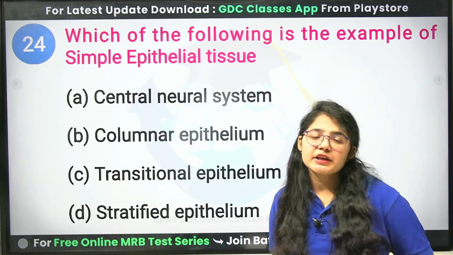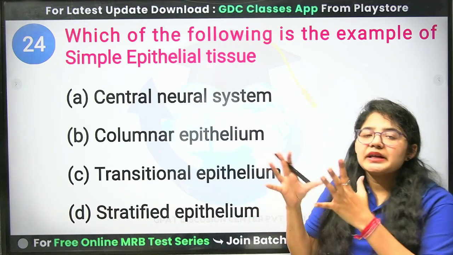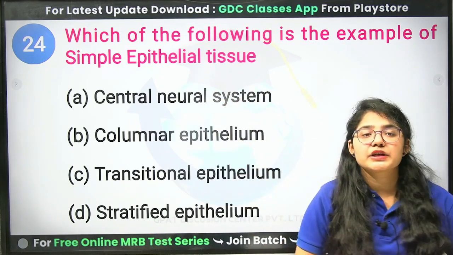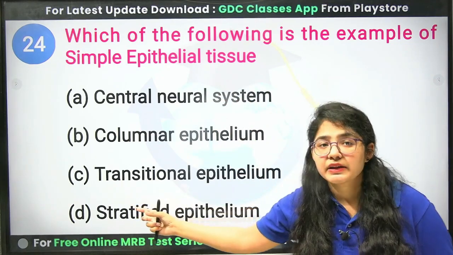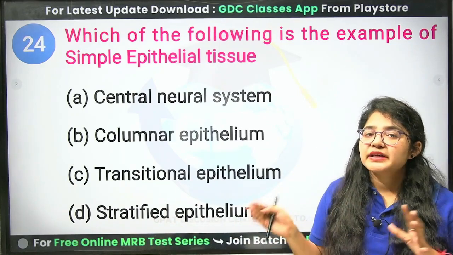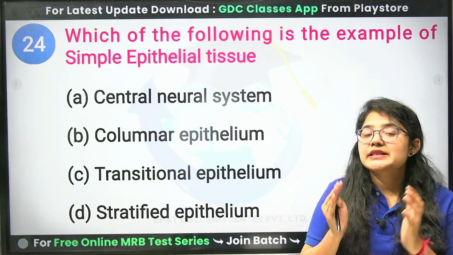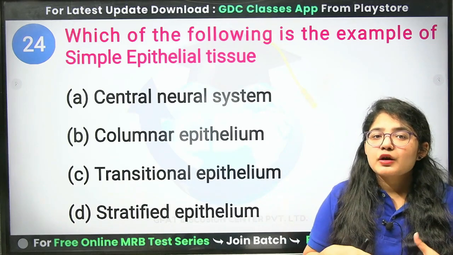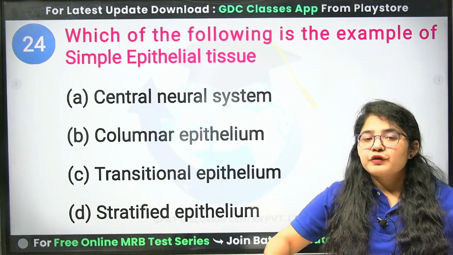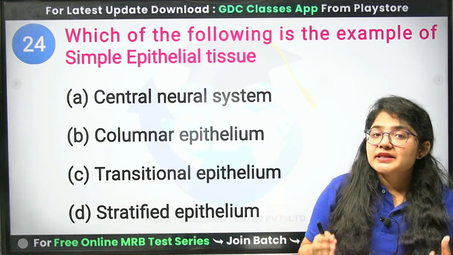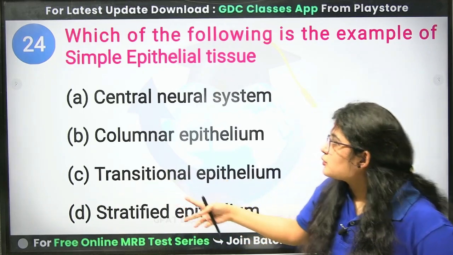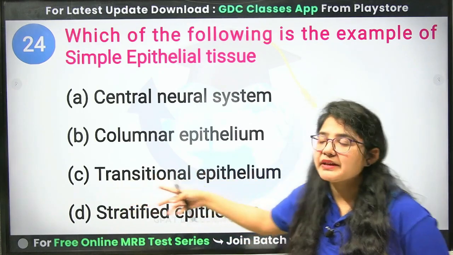Simple epithelial tissues contain squamous, cuboidal, but your compound epithelial tissue contains transitional epithelial, stratified epithelial, because transitional epithelium performs different types of functions that are not the simple functions, like the expansion of your urinary bladder once it is filled with urine, but after the passing out of urine, your urinary bladder or the cell get back to the original position, that is the transitional. So these two are your compound epithelial tissue.